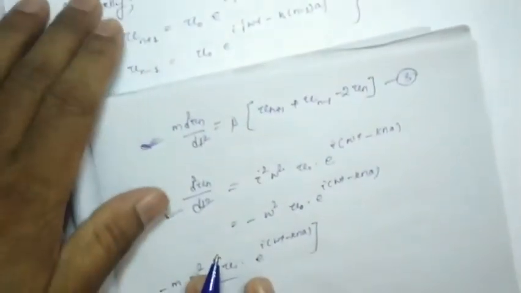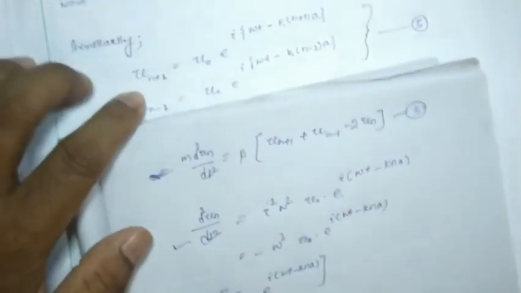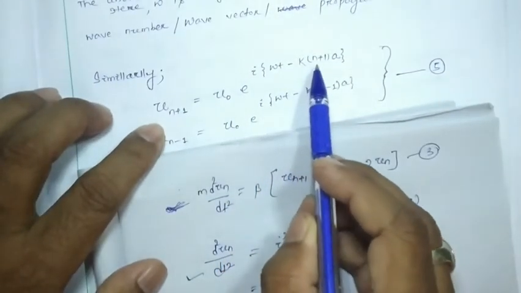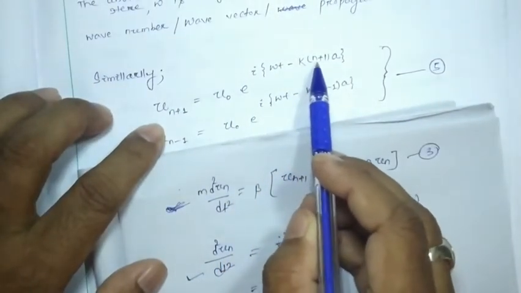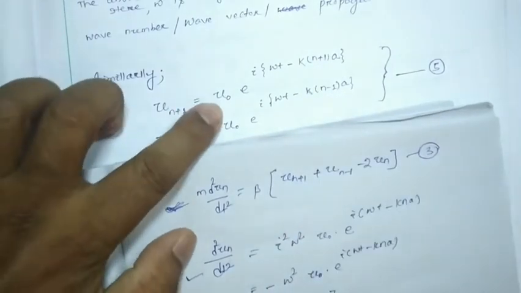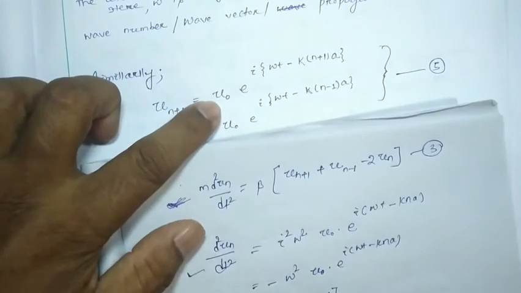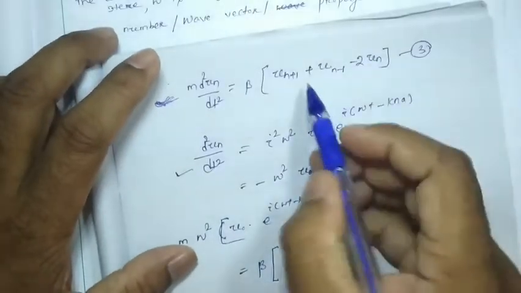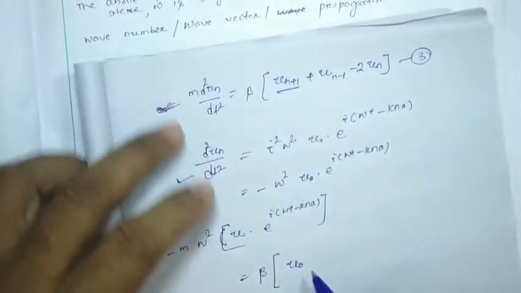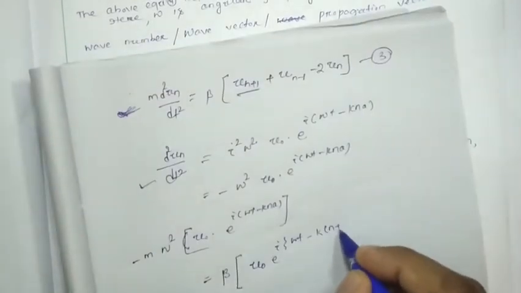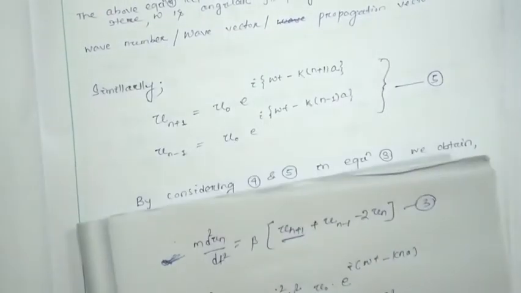The value of un plus 1 is u0 e to the power i omega t minus k into n plus 1 into a.